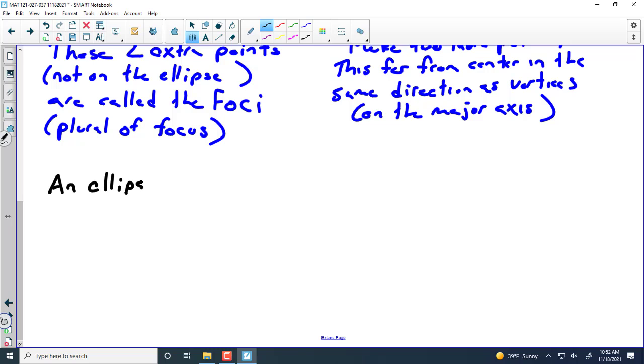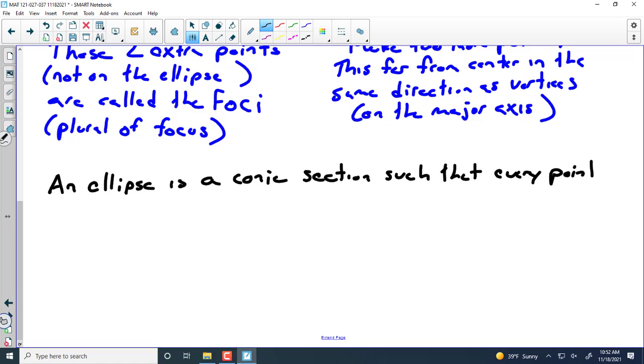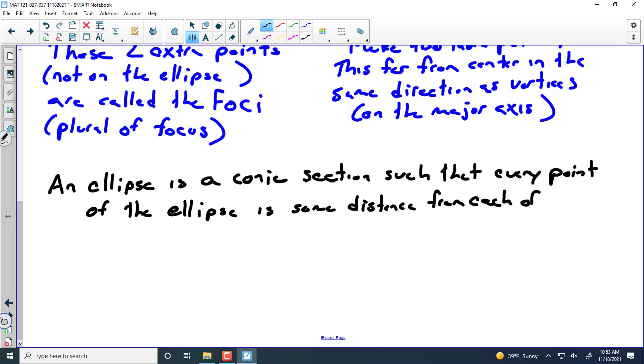An ellipse is a conic section such that every point on the ellipse is some distance from each of 2 foci.